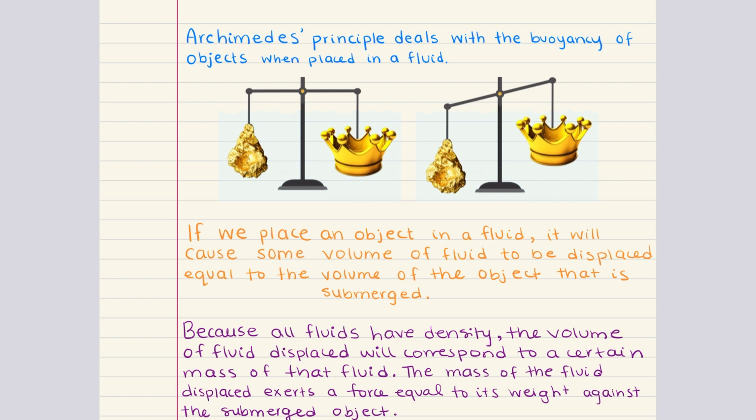He noticed that as he immersed himself, the water level rose, and he realized that the volume of water displaced by his body was directly related to the volume of his body. This observation led him to formulate what we now call Archimedes' principle.